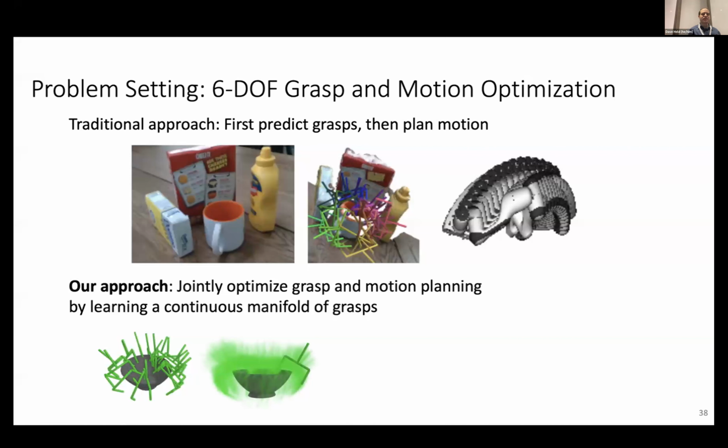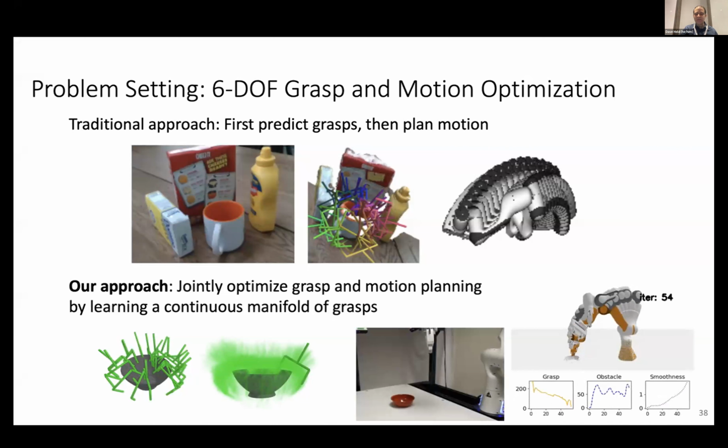What we want to do is jointly optimize over the grasping and the motion planning. And furthermore, instead of having just a discrete set of grasps that we select between during the motion optimization step, we want to be able to optimize over a continuous manifold of grasps.